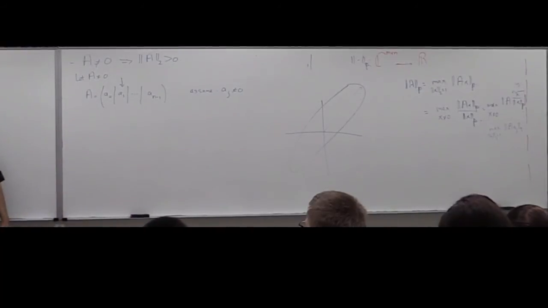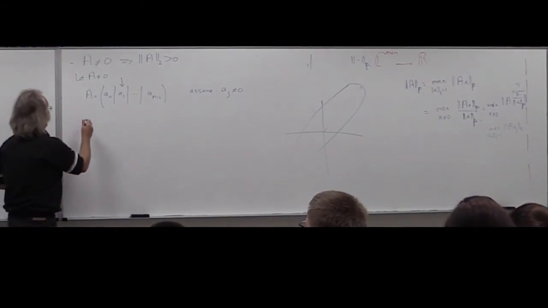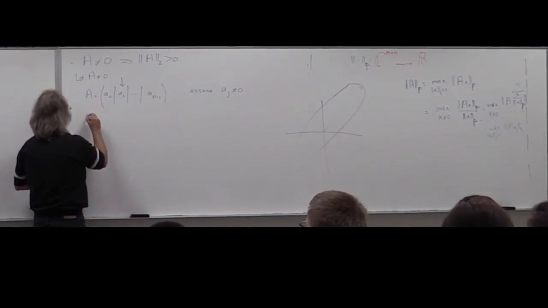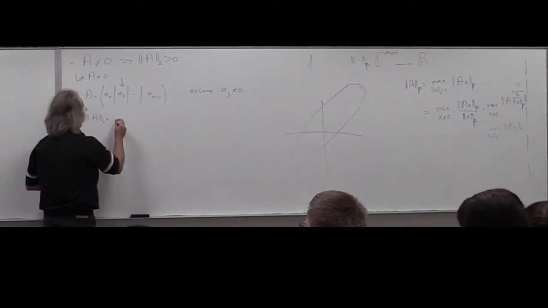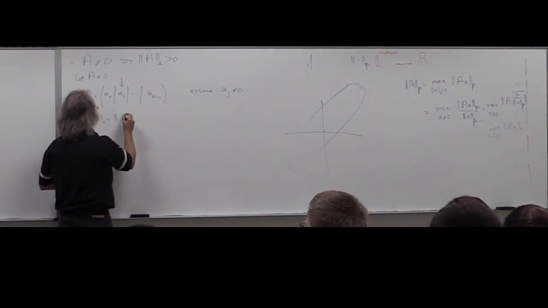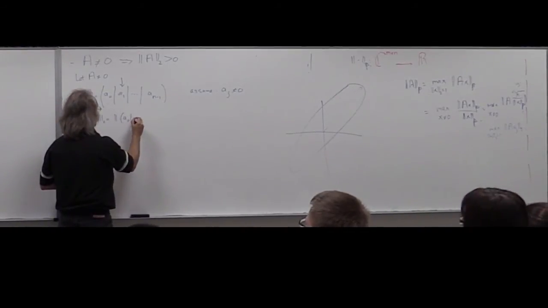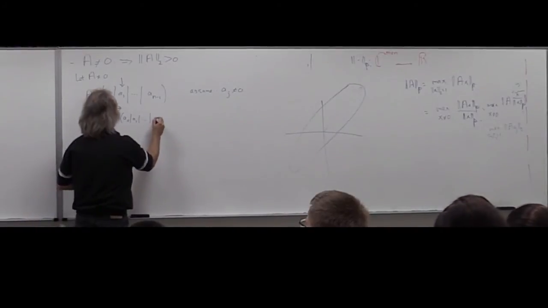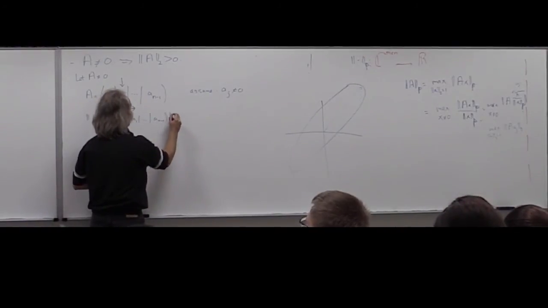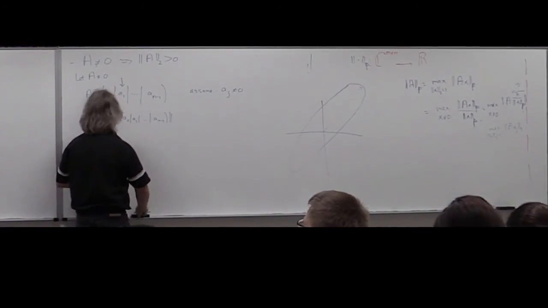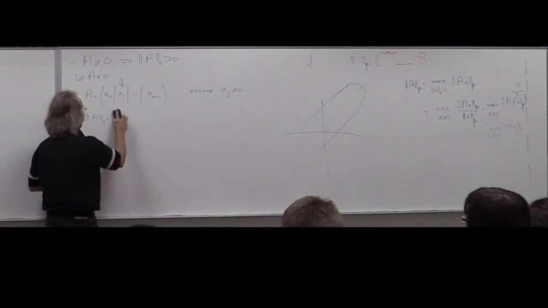Okay, so we pick j to be the index of the column that has a non-zero in it. There could be many such columns. We'll pick one. Now what do we know? We know that the norm of A is defined as the norm of (a_0, a_1, through a_{n-1}). That's not clear yet.